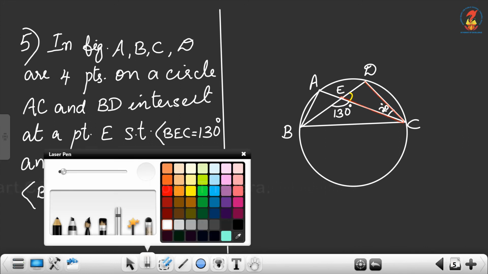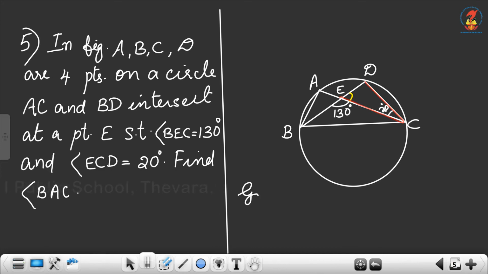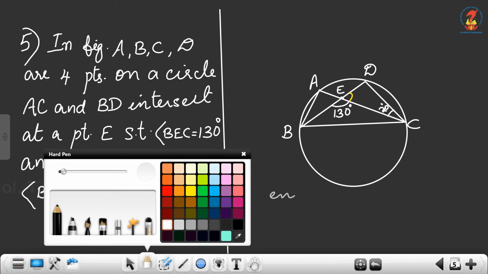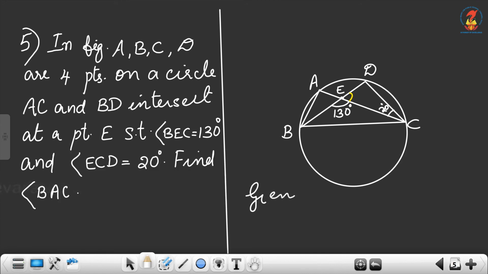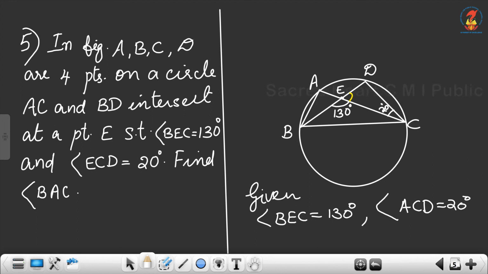So given angle BEC is equal to 130 degree and angle ACD is equal to 20 degree. To find, what do you have to find? Angle BAC.